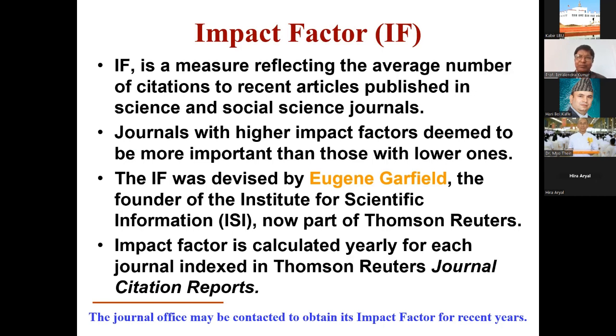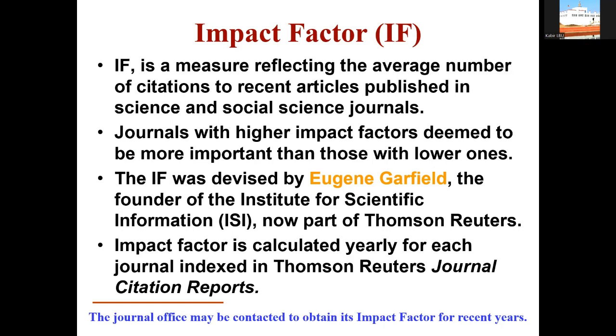It is also prepared by the Council of Scientific and Industrial Research, CSIR, and other institutions related to physics, astrophysics, and chemistry. There are so many institutions which give the impact factors of the journals also.